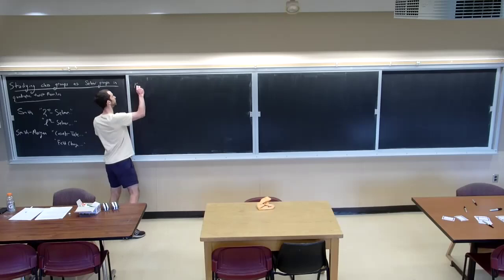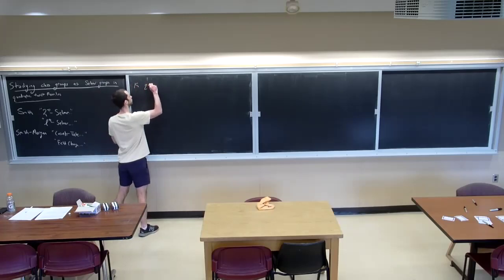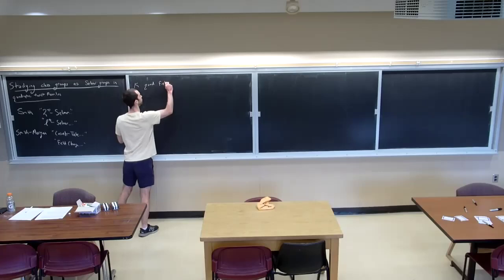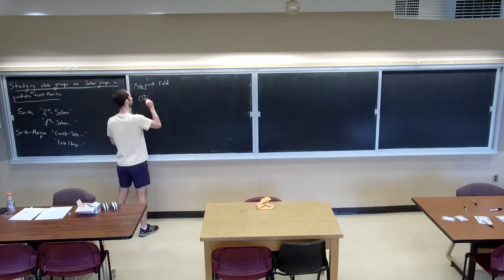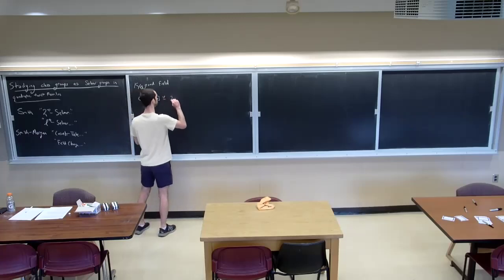So if I take K to be a quadratic field, then genus theory tells us that we know exactly what the 2 part of the narrow class group looks like.